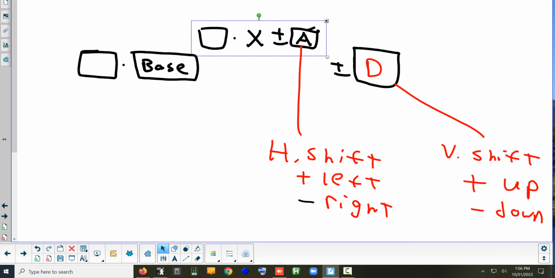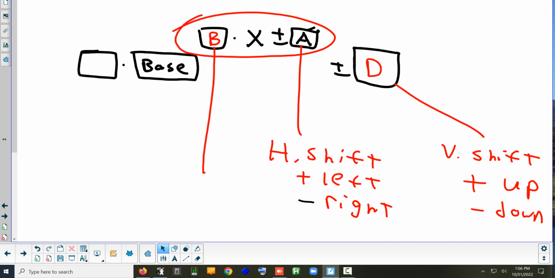Now we're going to look at the two that are multiplying. B. B is multiplying, so it's not a shift, but it's still inside the exponent. This whole thing right here is an exponent. So what do you think B is going to do since it's multiplying, but it's up in the exponent?